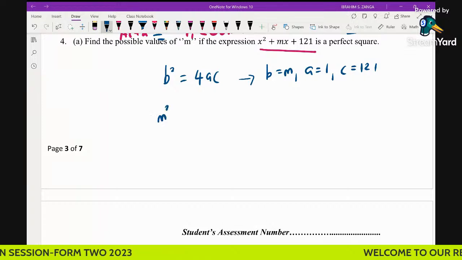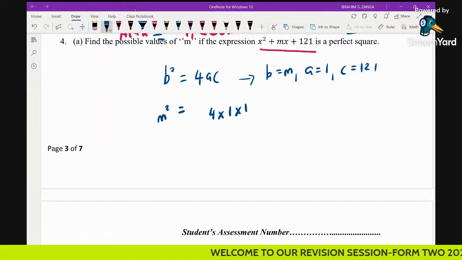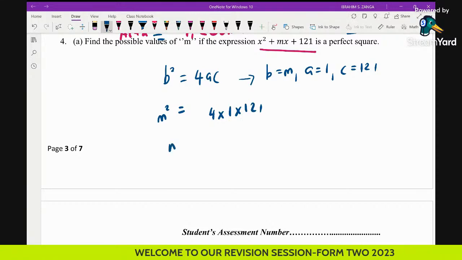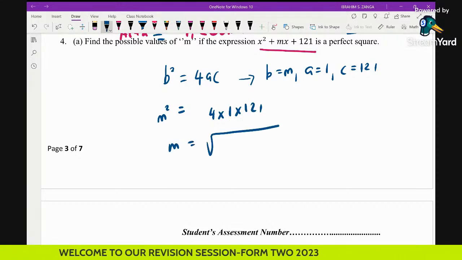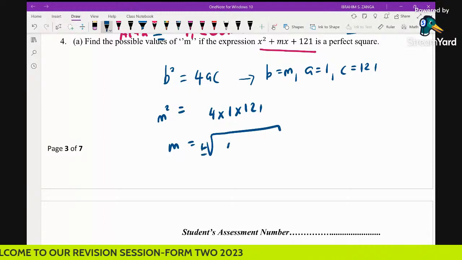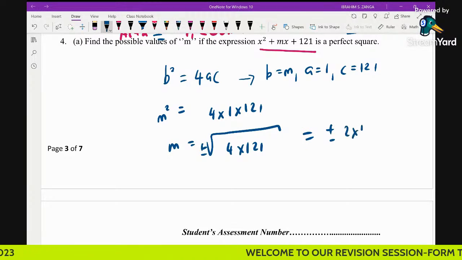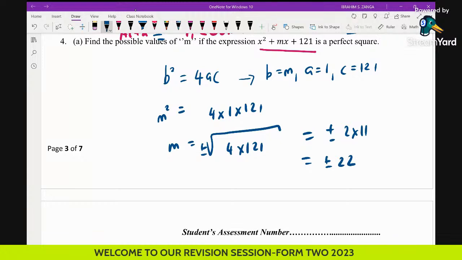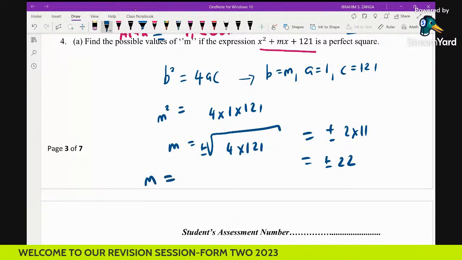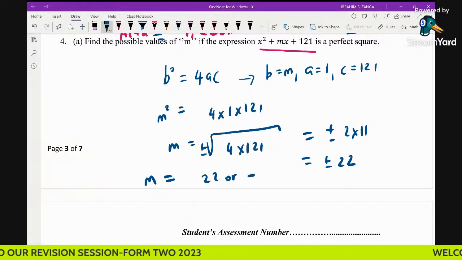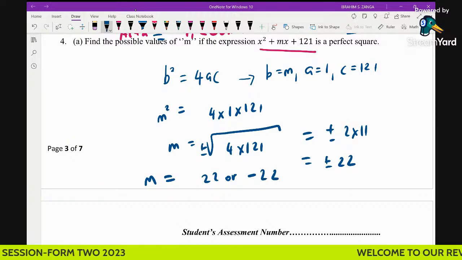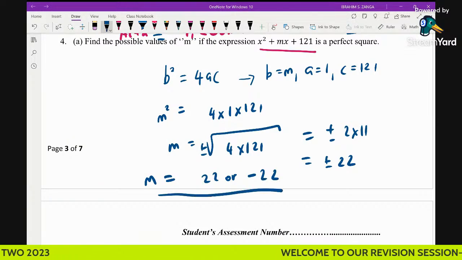So m squared equals 4 times 1 times 121. So m will be plus or minus the square root of 4 times 121, which is plus or minus 2 times 11, equals plus or minus 22. So m equals 22 or negative 22, dear friends.